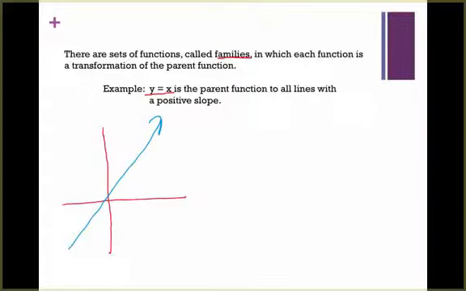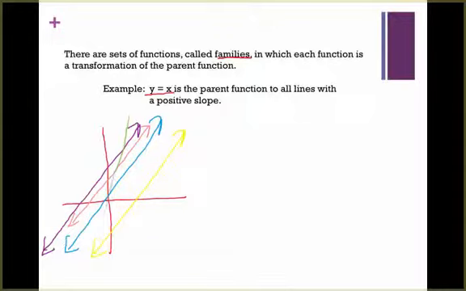Now, if I were to take that graph and shift it to the left a number of units, or shift it to the right some set of units, or shift it up some units, or we might even change the steepness of it and stretch it a certain amount.